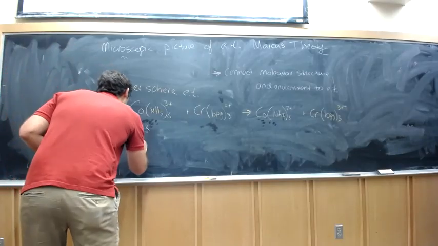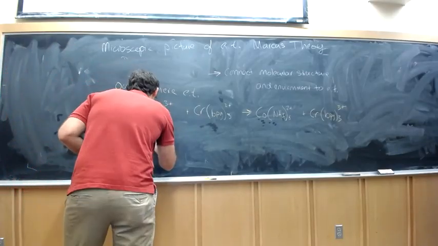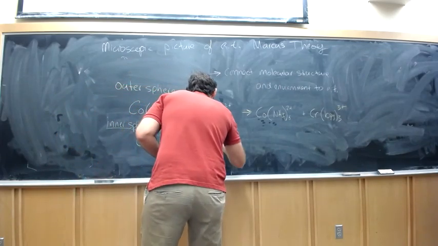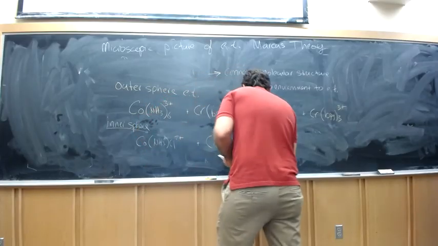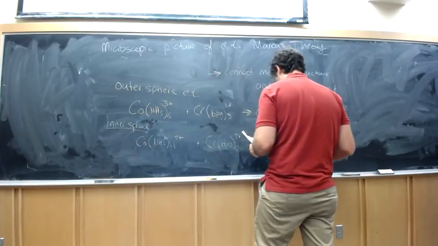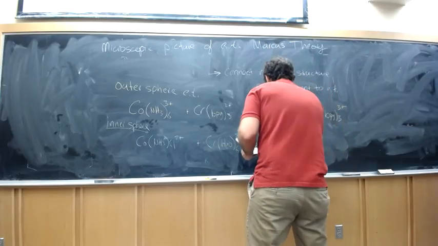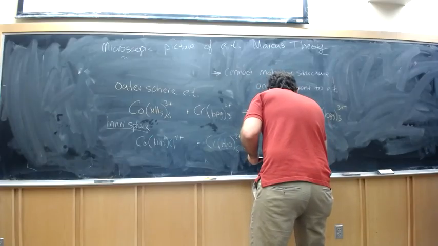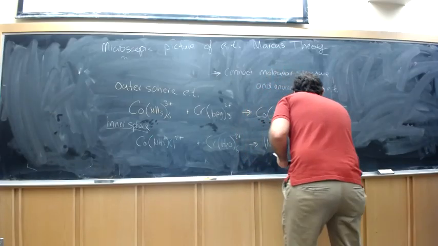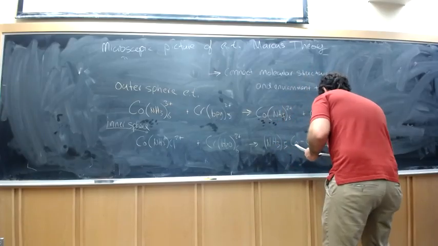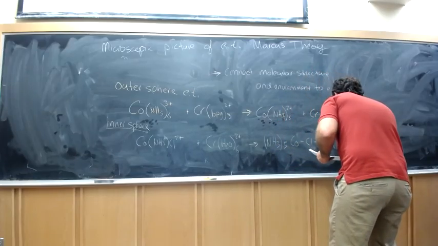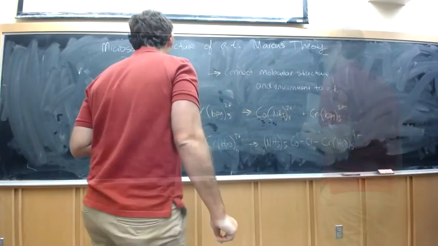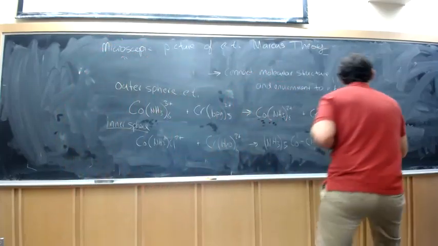Okay, inner sphere, you might have cobalt pentamine chloride 2+ plus hexaaquachromium 2+ going to a complex where you have NH3 cobalt bridged by a chlorine to Cr(H2O)5, and the whole complex with a 4+ charge. So we've actually lost the water plus water.